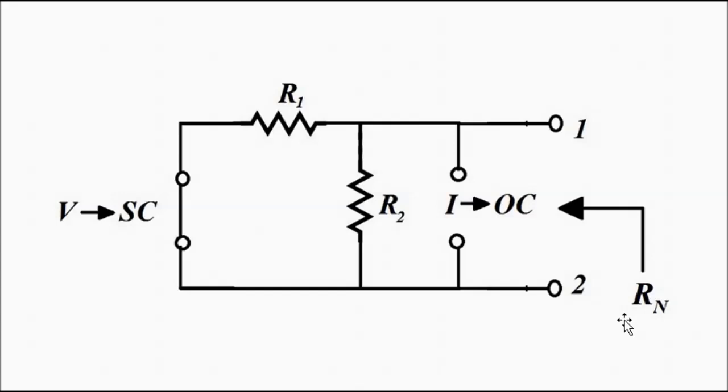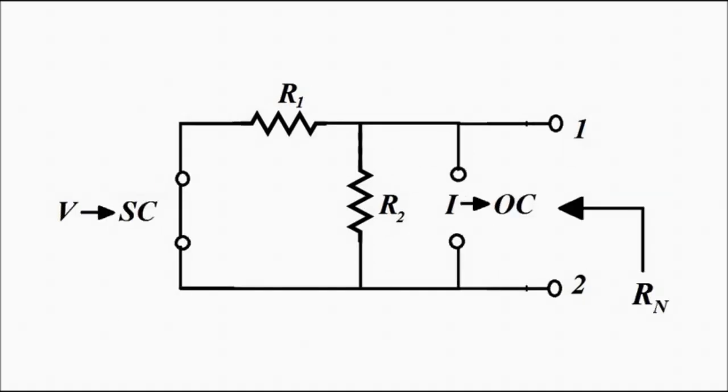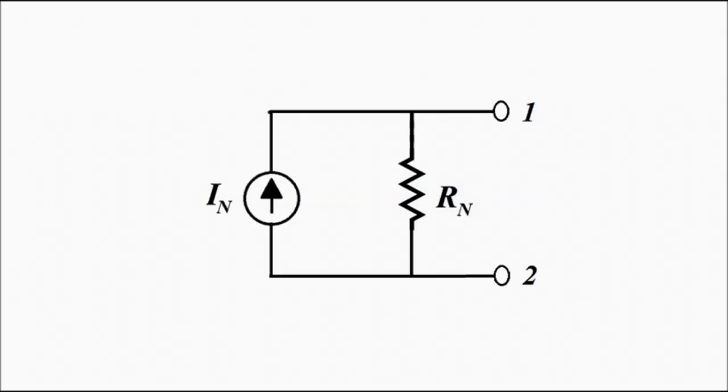Now we have got both IN and RN. The next step is to draw the Norton equivalent circuit, which is simply the Norton current in parallel with the Norton equivalent resistance across the terminals 1 and 2. So this is the Norton equivalent circuit.